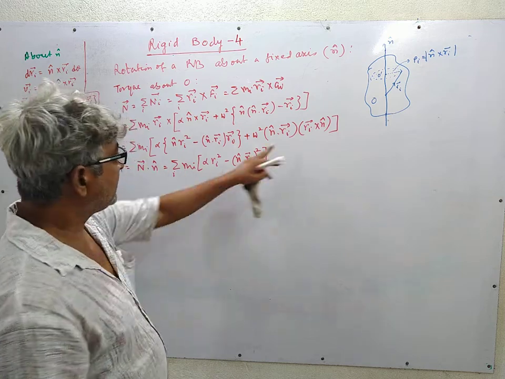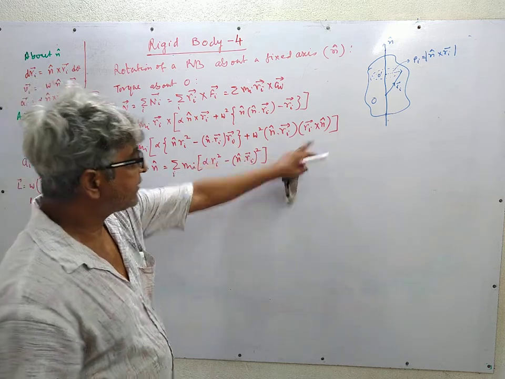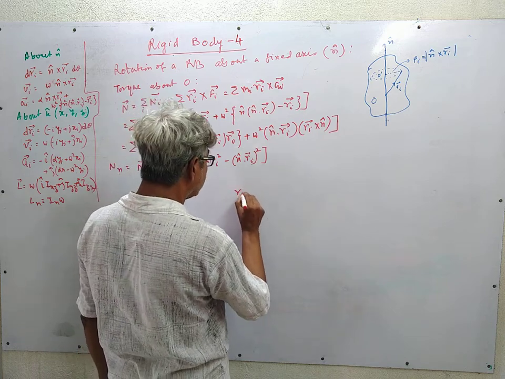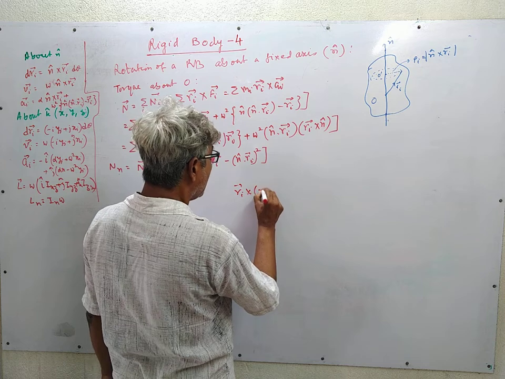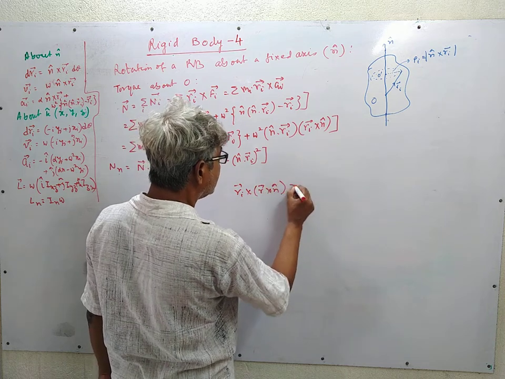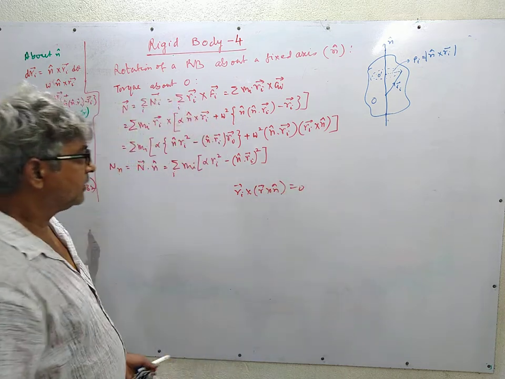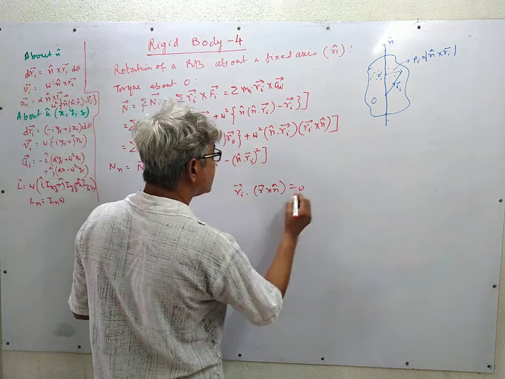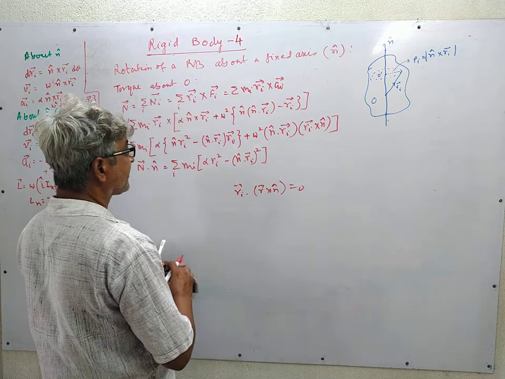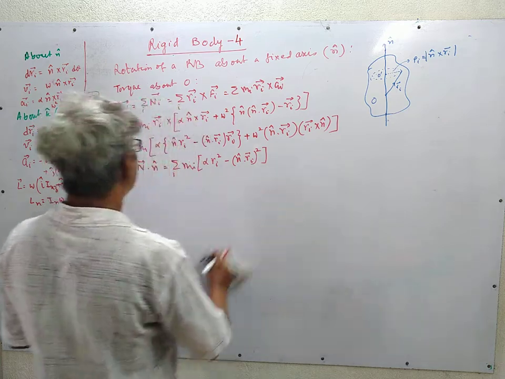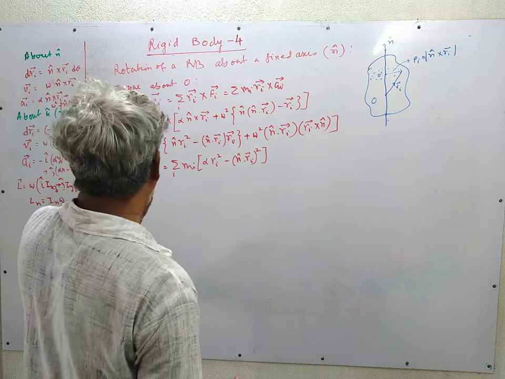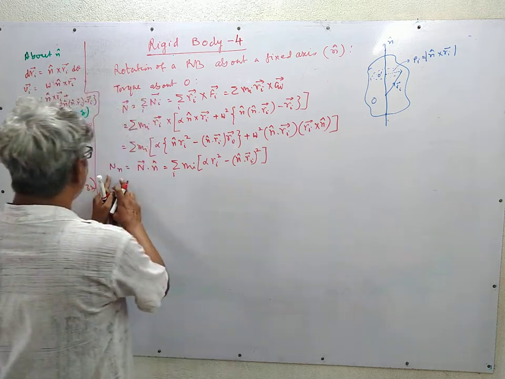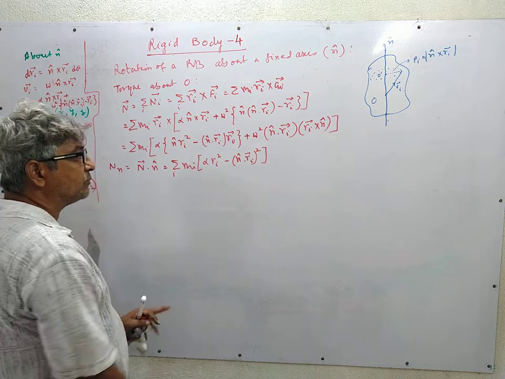If we dot it with the other term, the vector term becomes r_i cross r_i dot n, which is 0. So these terms do not contribute. So this is the component of torque in the direction of the axis of rotation.